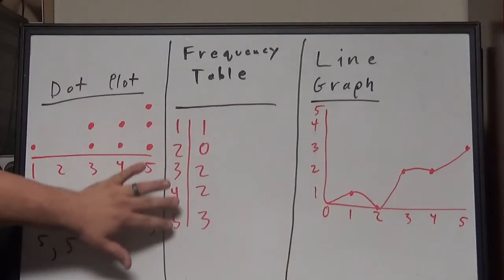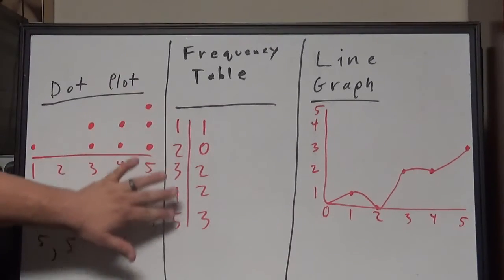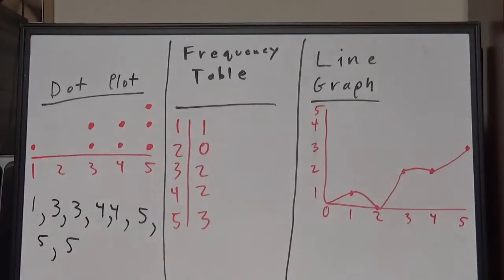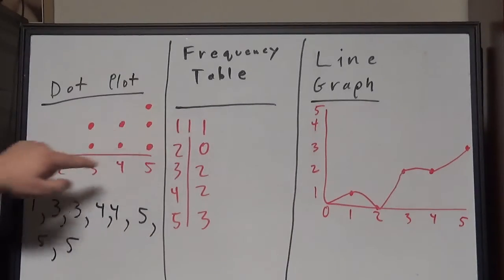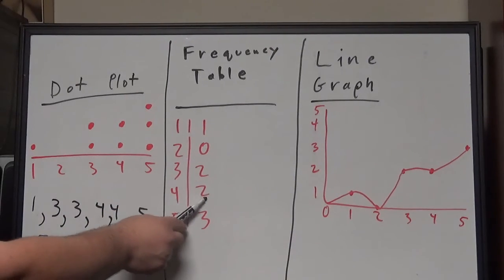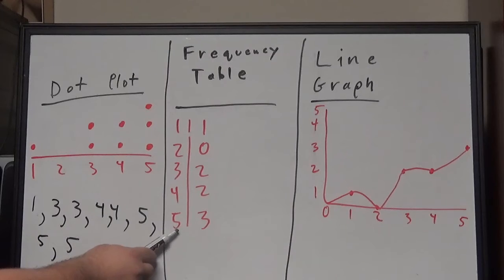It's just like the dot plot. These are the numbers you're going to write down, and this side are the number of times you write them down. So again, 1 shows up once. 2 has 0, so there are no 2's. 3 shows up 2 times. 4 shows up 2 times. And 5 shows up 3 times.